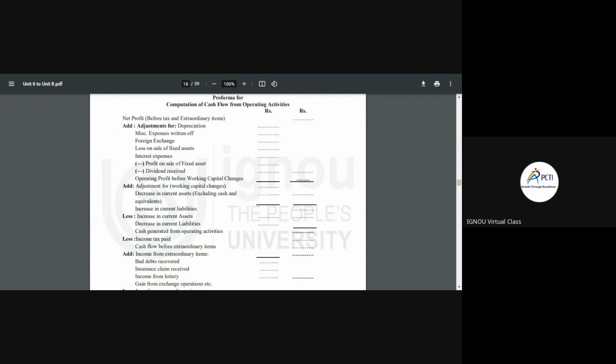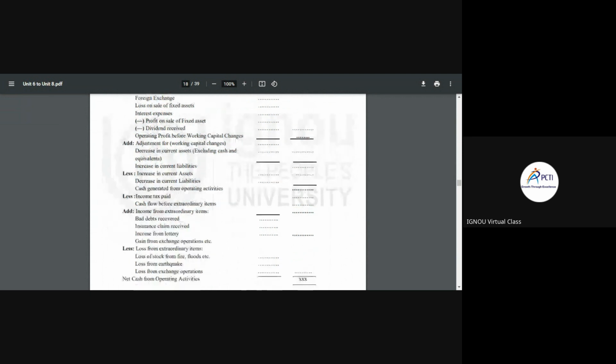I hope this will be understandable for you, this proforma of indirect method of the cash flow statement.